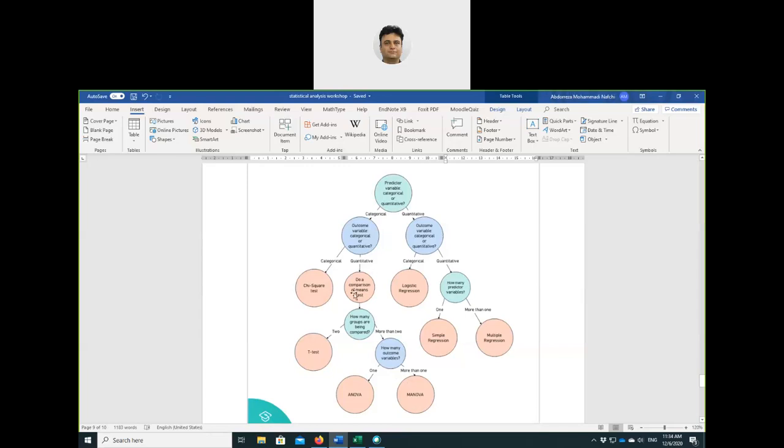So we choose based on our variables, it's easy. One question here: if two groups are being compared, can something other than the t-test be used?